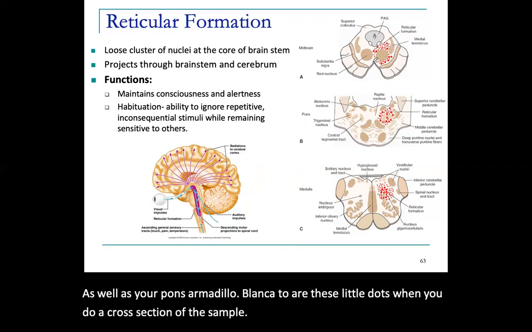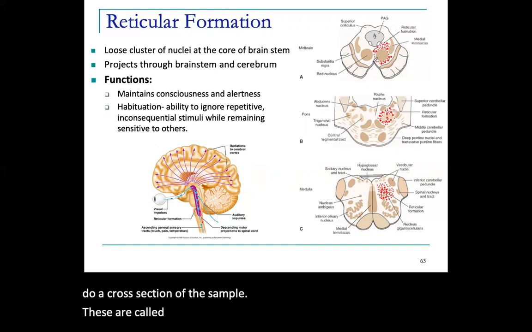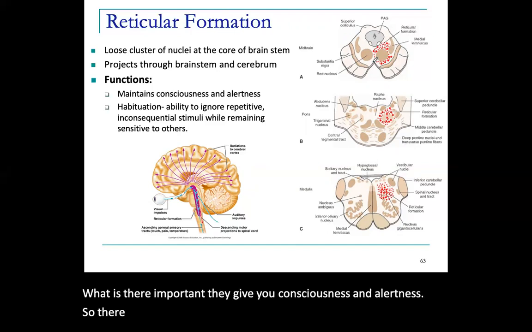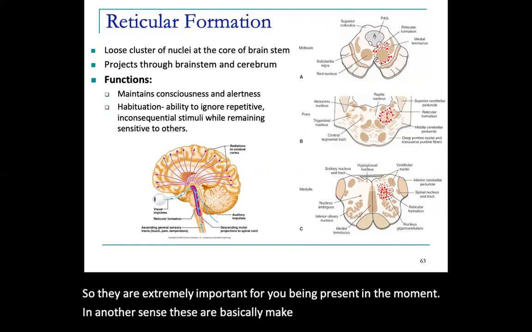These are called reticular formations. What is their importance? They give you consciousness and alertness. So they're extremely important for you being present in the moment. In another sense, they make you aware of your environment.